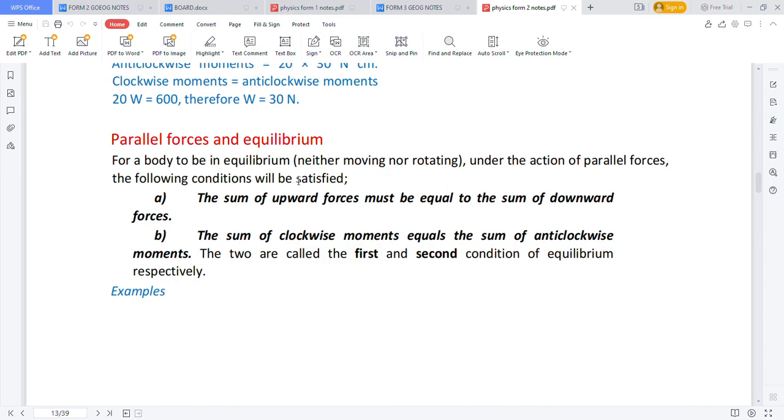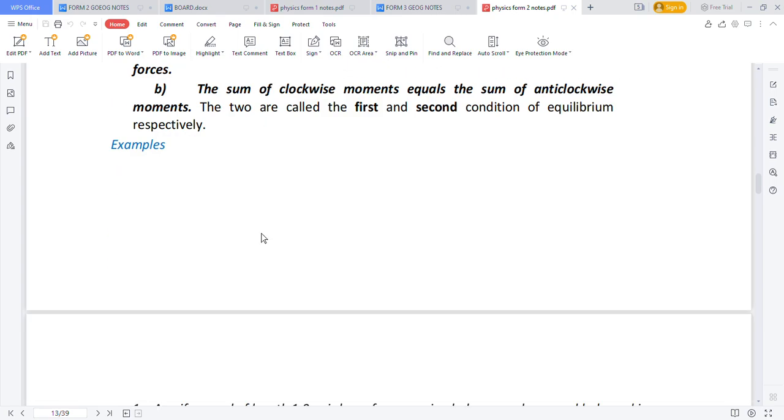You must remember that. We are going to use them in calculation. 2. The sum of clockwise moments equals the sum of anti-clockwise moments. That is a law that we stated in our turning effect of force topic. The two are called the first and the second conditions of equilibrium respectively.